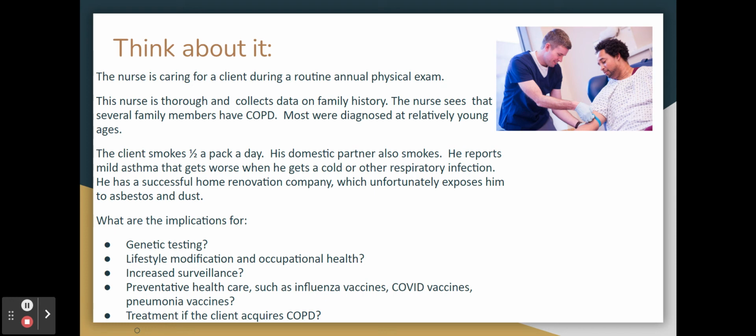And hopefully it does, because if he is positive for AATD, that information can be used to counsel him on the importance, especially for him, of quitting smoking, reducing his other environmental exposures, increased surveillance. Maybe we do lung function testing on this person a little bit more often.